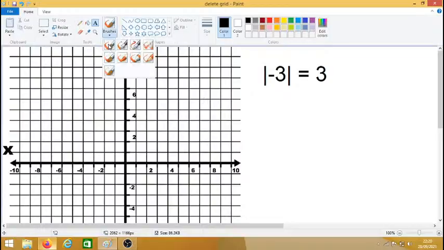So a couple of things you just want to learn before we go into something a bit more advanced is, if we try and show that on a graph, then -3 would be, let's just go onto this side of the graph.